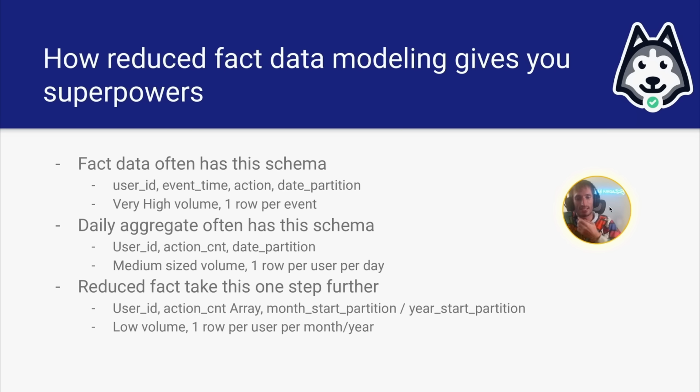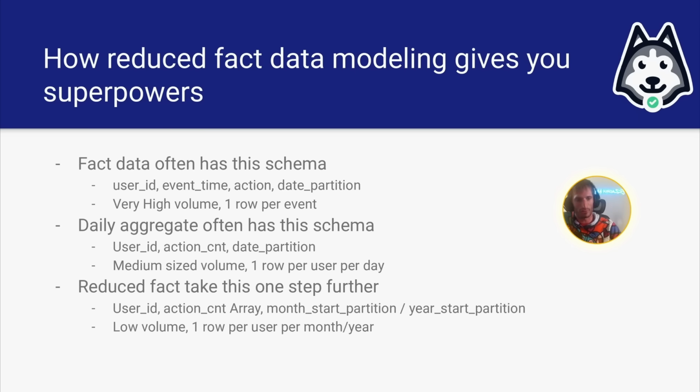But this data ends up being either one row per month per user or one row per year per user. And those are a very powerful way to get the data as small as you possibly can. And that is what can really minimize the amount of shuffling that can occur.